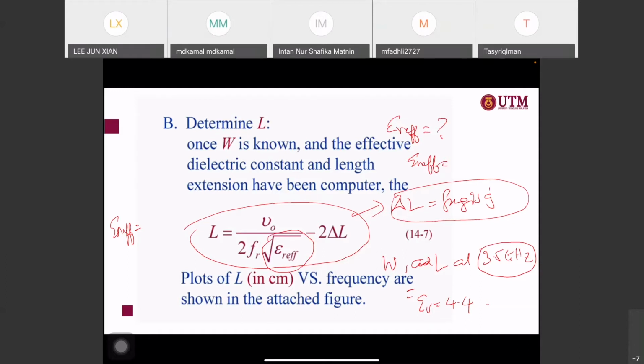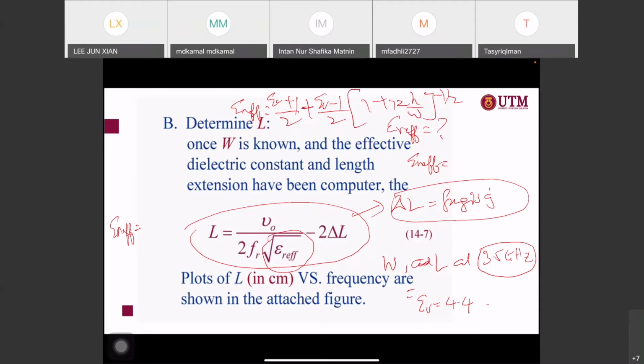The value that you need to find is epsilon effective, isn't it? It is equal to epsilon R plus 1 over 2, plus epsilon R minus 1 over 2, times 1 plus 12 H over W, to the power of negative 1 over 2. This is the only thing that you need to find.